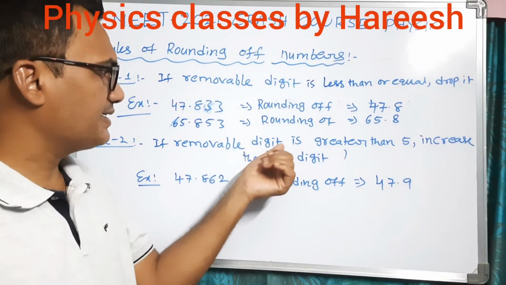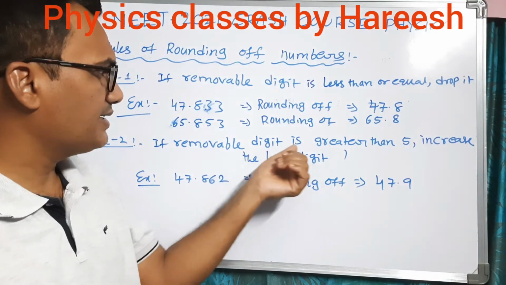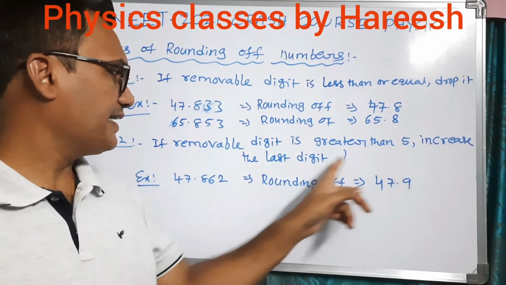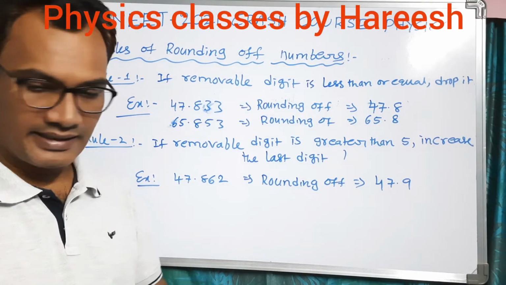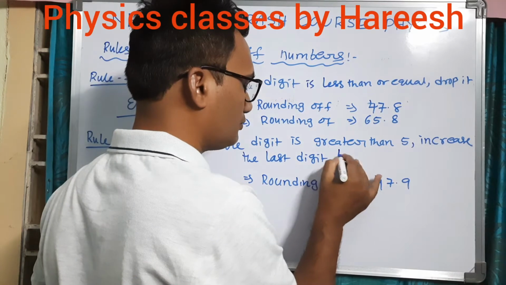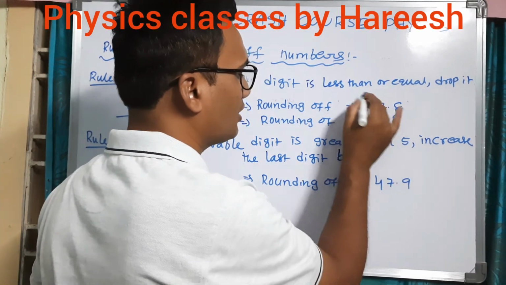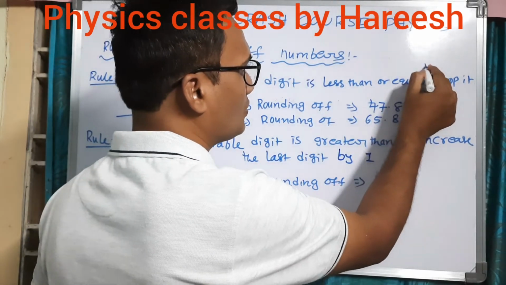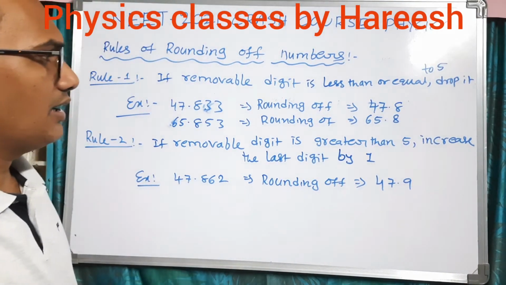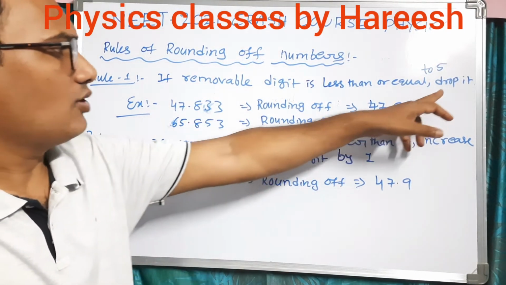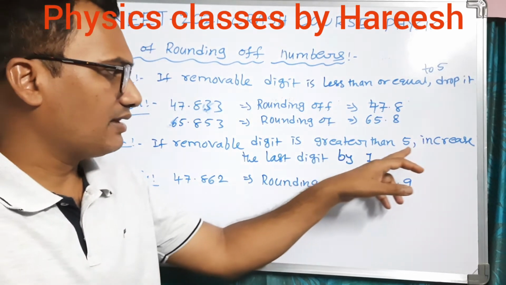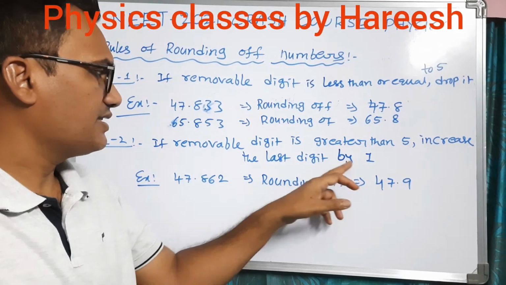Next, rule number 2: if the removable digit is greater than 5, increase the last digit by 1.